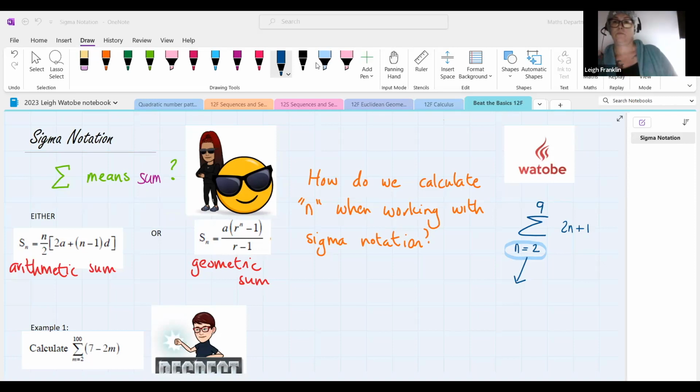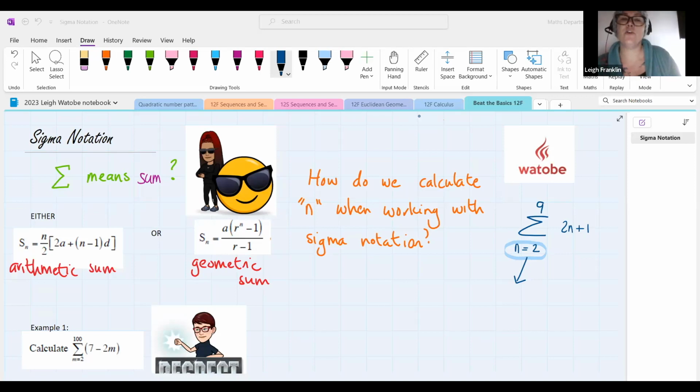Ma'am, it's Linda. Okay, Linda. What does the number at the bottom represent? Ma'am, isn't it this? Don't you use n to determine the value of the first term?